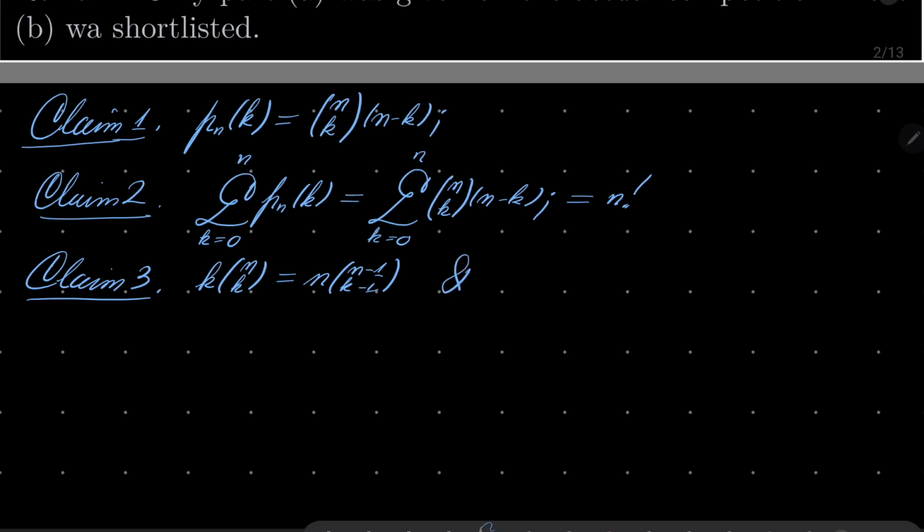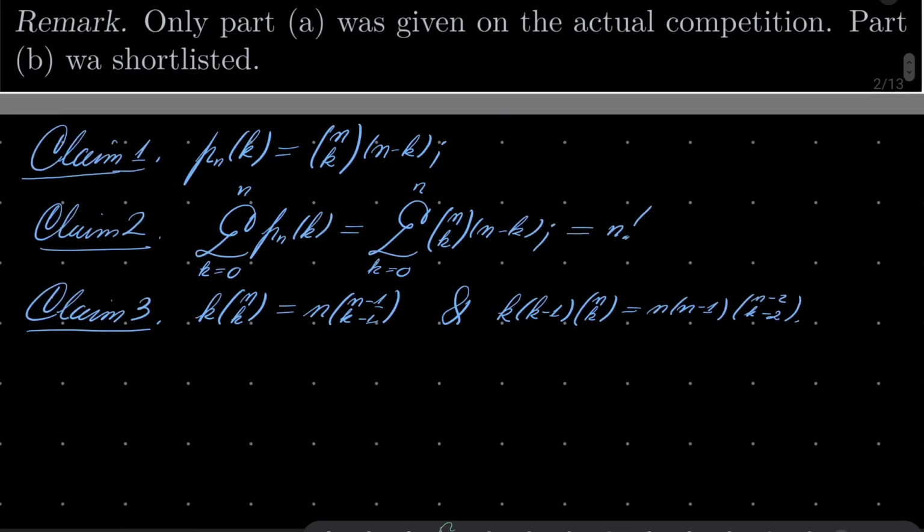And also the second part of this claim is k times k minus 1 times n choose k equals n times n minus 1 times n minus 2 choose k minus 2. Both of these parts are very easy to verify. You just have to plug in, instead of n choose k, n factorial over k factorial times n minus k factorial, and you should easily verify that both of these claims are true. Alright, and now we can proceed to our solution.